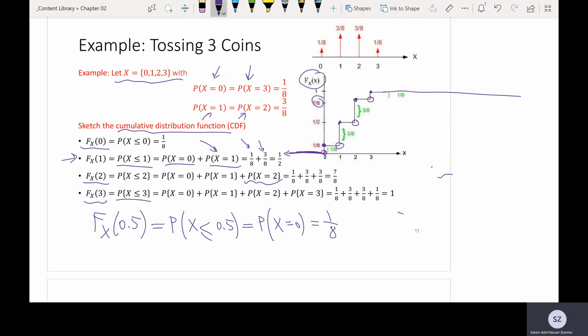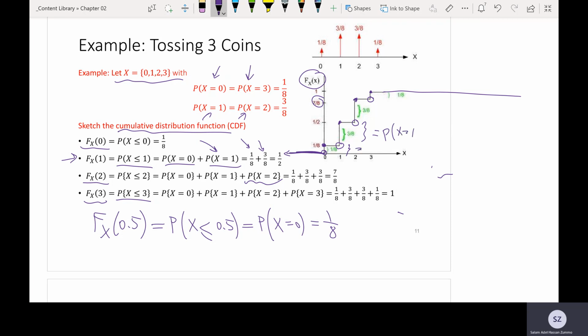Okay? So one thing that I want to mention here before we close: if you see the jump here, what is the jump at every step? What is this 3 over 8? It's the probability of x equals 1.